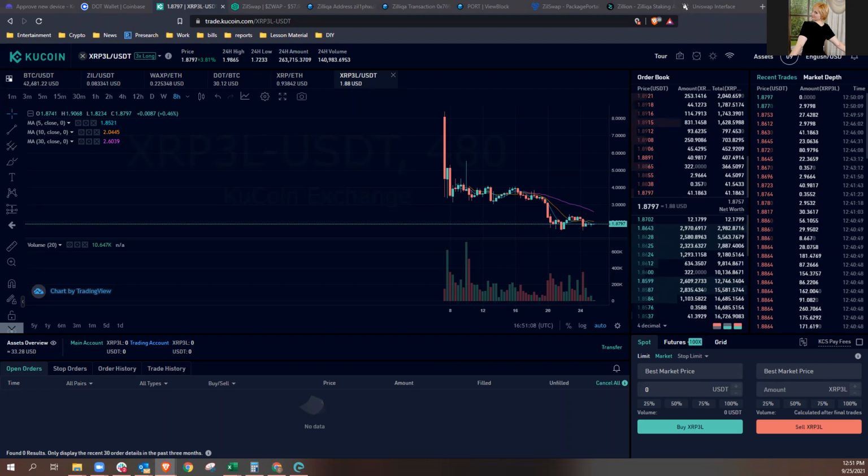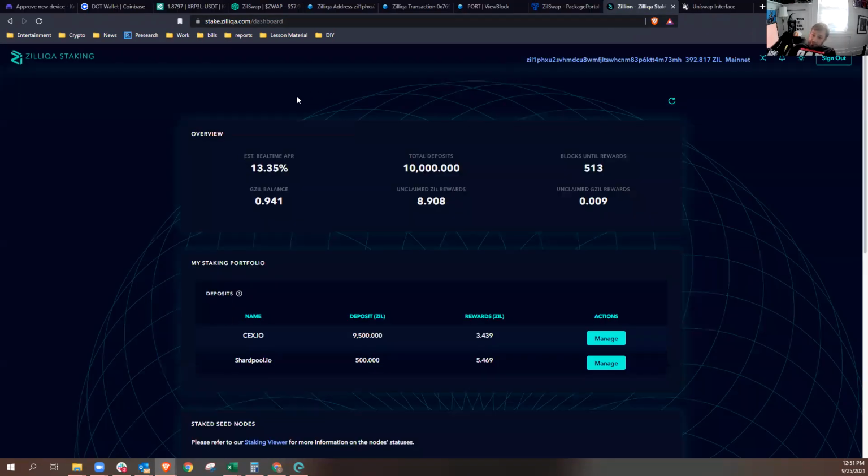Yeah, it's there. So you want to go to stake, like what you kill a vampire with, not what you get from a cow. Stake.zilliqa.com. Go to that dashboard, sign in as a delegator.